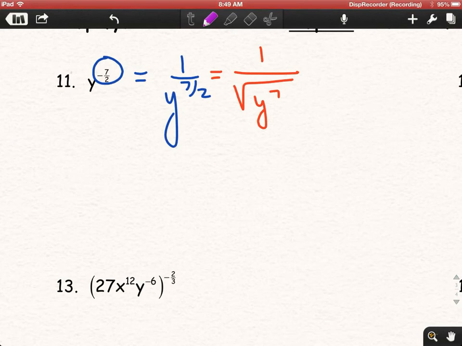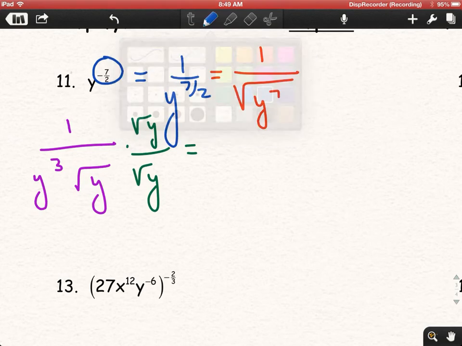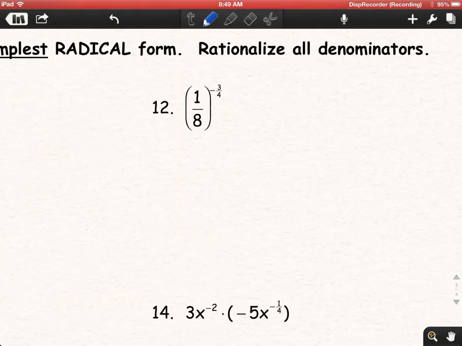And so the simplified version is going to be y cubed square root of y, because I have 3 pairs in there. And then the rationalizing times the square root of y times the square root of y. So that gives me y to the 4th in the denominator and square root of y in the numerator. And that's our final answer.